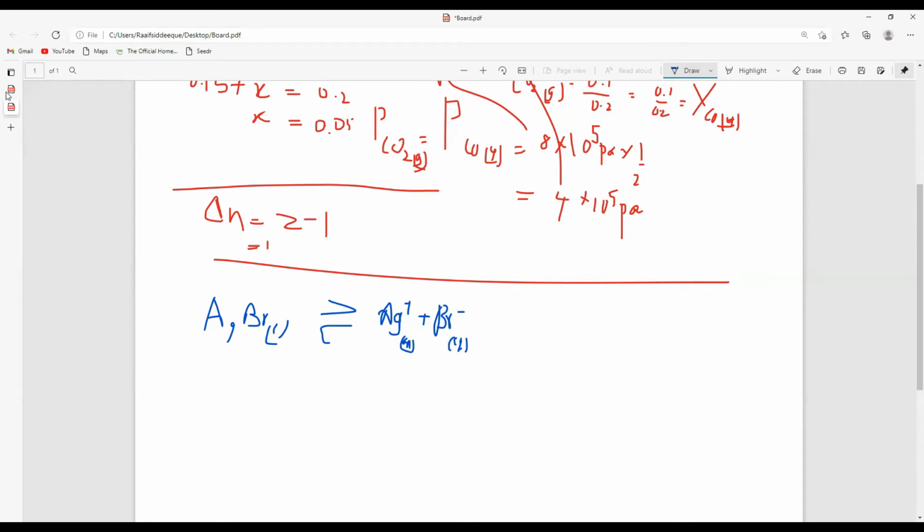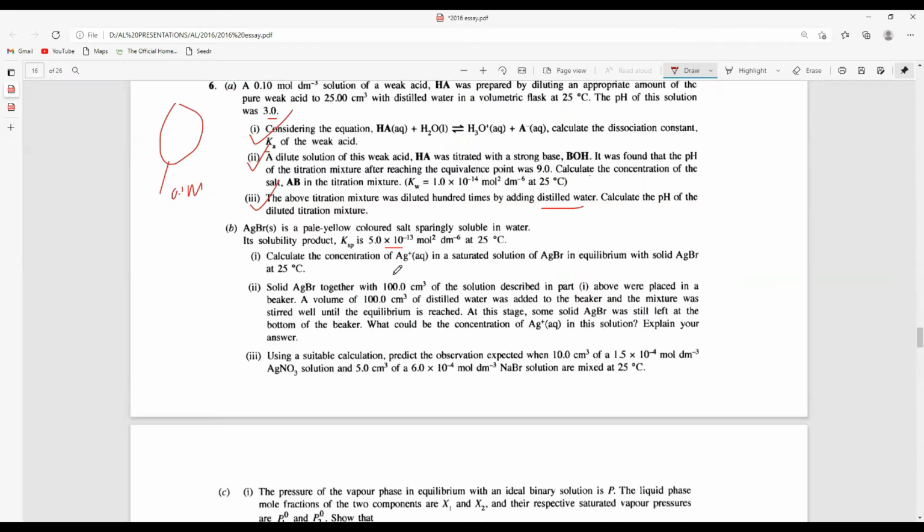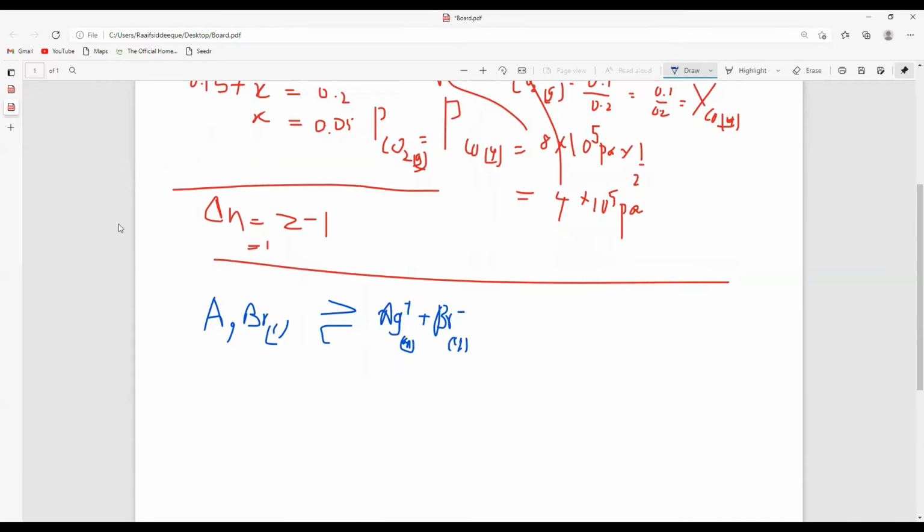So you have been given the Ksp value, right? So the Ksp value is 5 into 10 to the power minus 13. So you can write Ksp of AgBr solid equal Ag plus concentration, basically. You have to write aqueous here, put all the physical states, and Br minus aqueous. Okay.